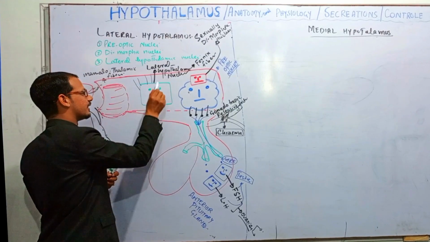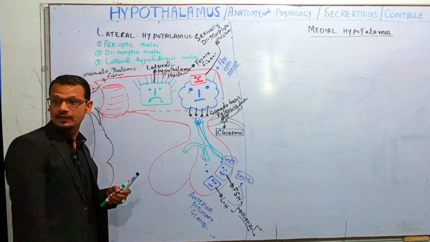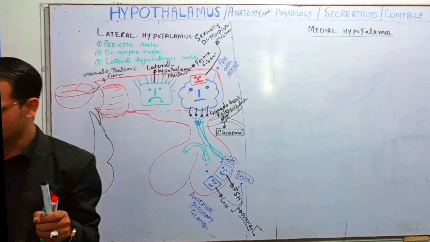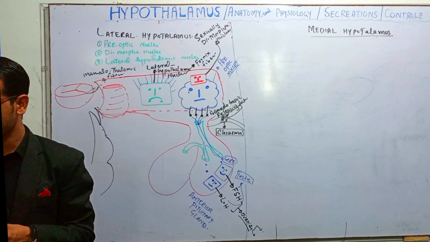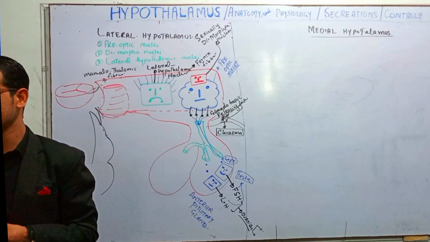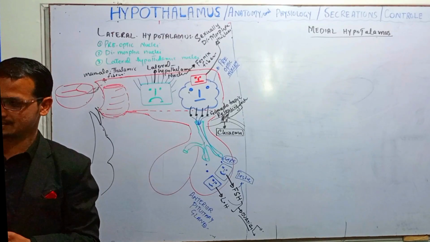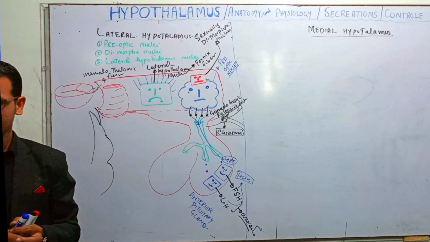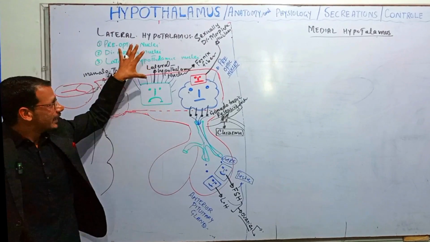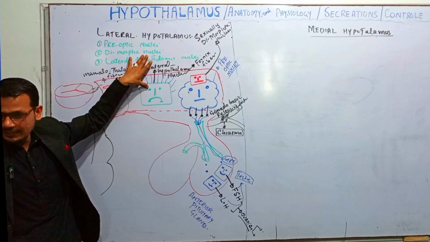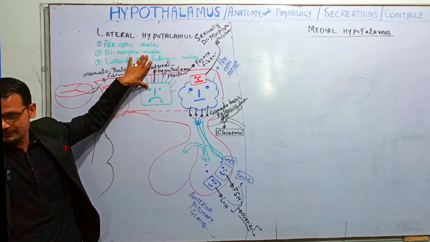He is also angry, right? This is the nuclei which is responsible for hunger and anger, and also for thirst, right? So when people are hungry, they are also angry.